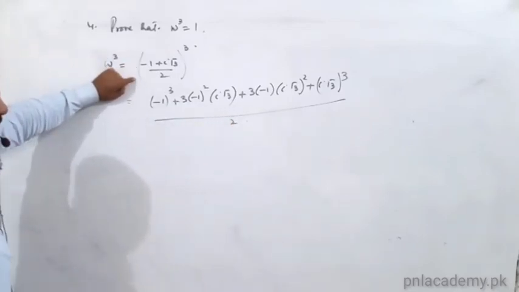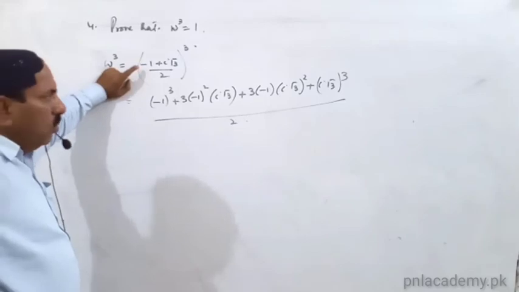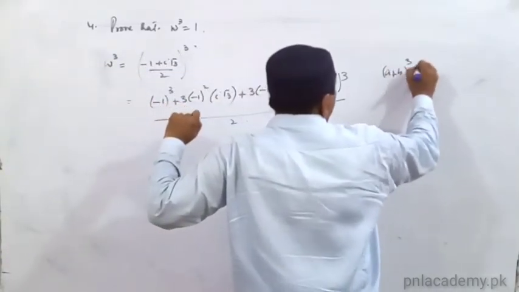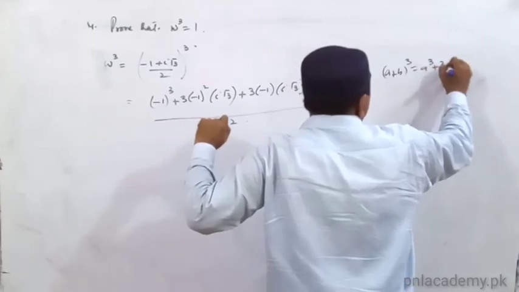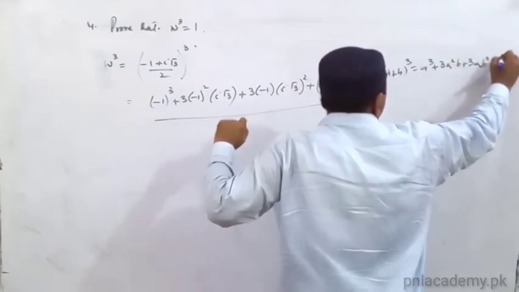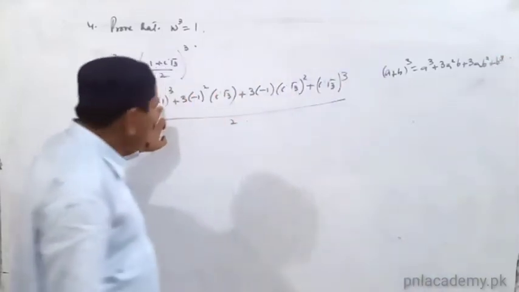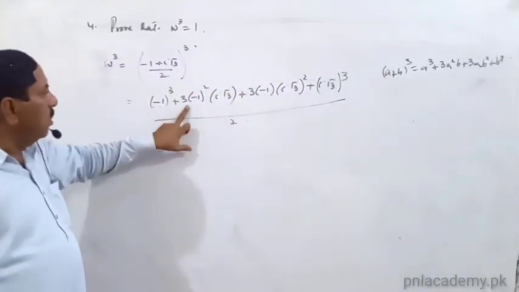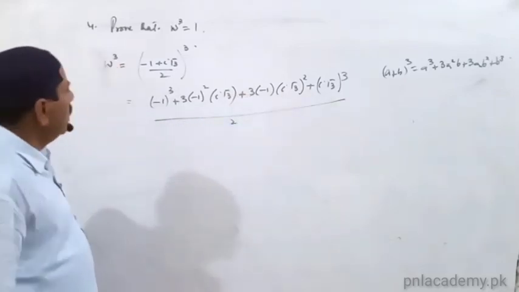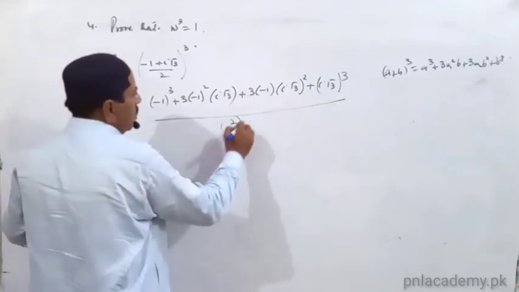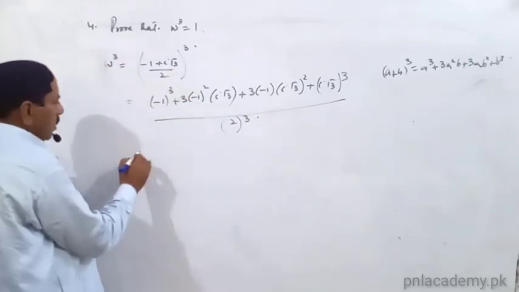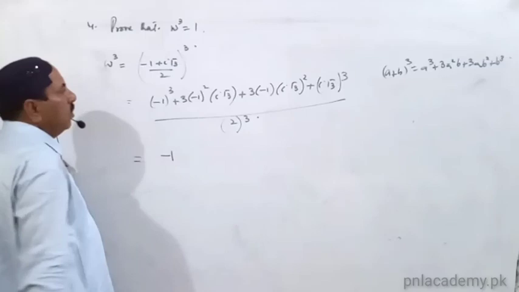We have the formula of a plus b whole cube, which is a cube plus 3a square b plus 3ab square plus b cube, similarly with 2 cube in the denominator. This will be minus 1 also.